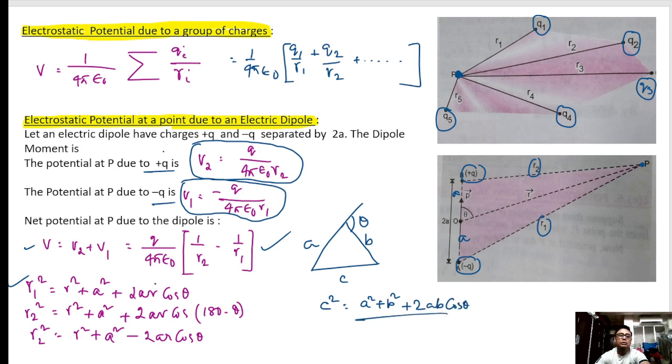So R1 square will be this and for R2 square I will take this angle, 180 minus theta, and cos of 180 minus theta is minus cos theta. So this is R2 square, this is R1 square. Please note this, because this is a very, very important thing. You have to remember this relation for R1 square, and R2 square is this.